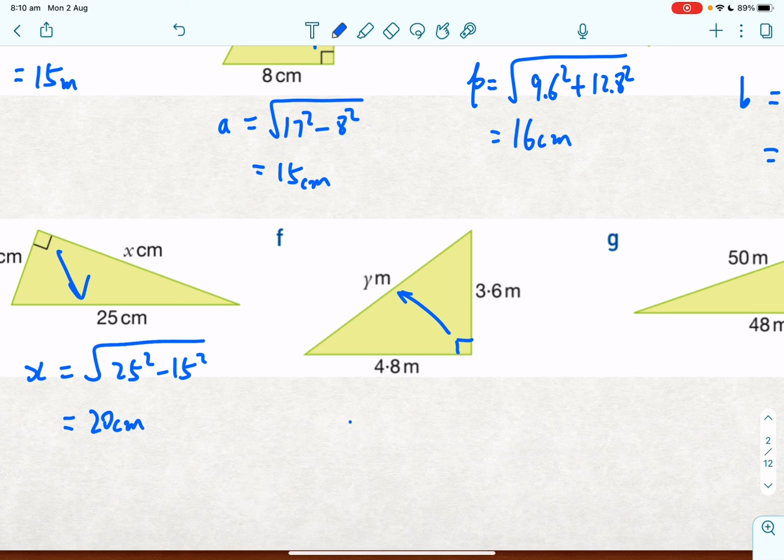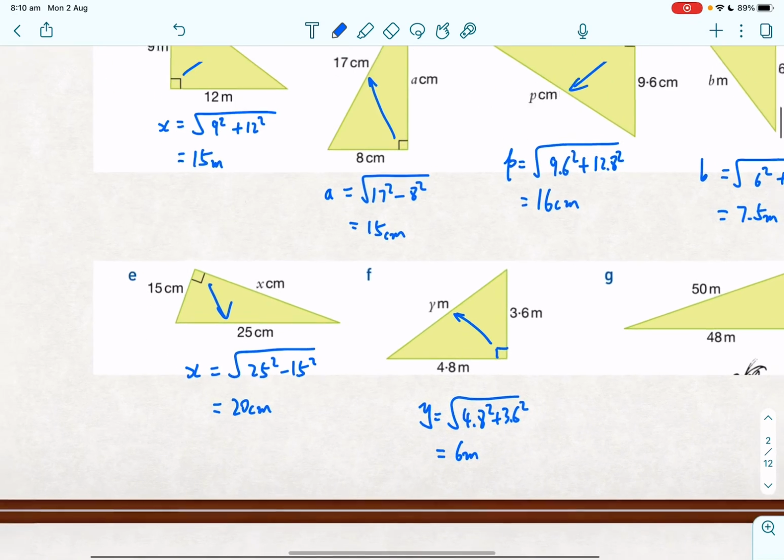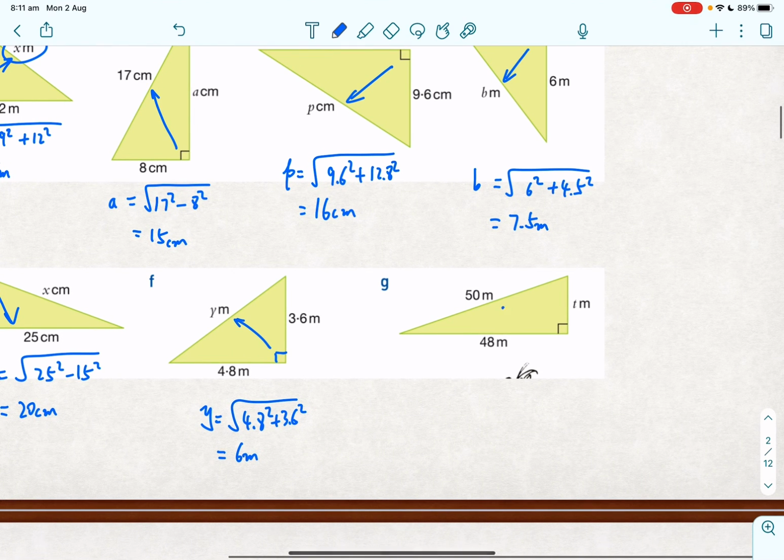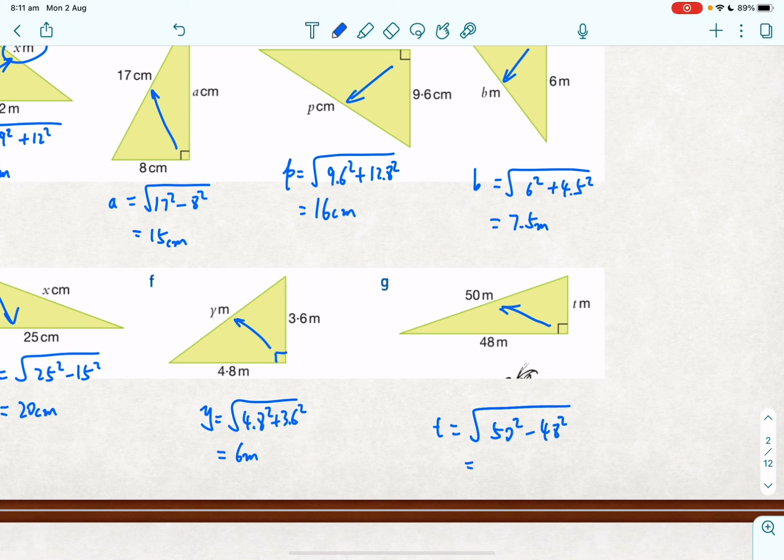Opposite, so plussing. That's a 6. Okay, same with this one. That is a number, so we're minusing. So t equals the square root of 50 squared minus 48 squared.